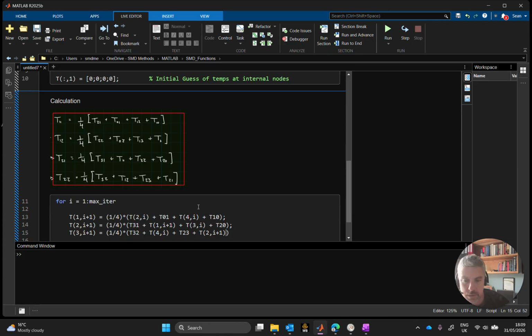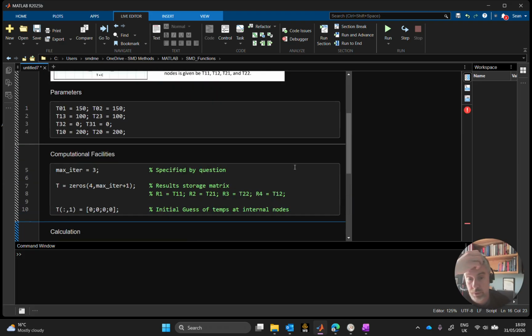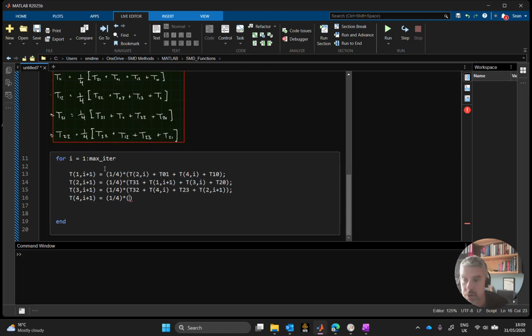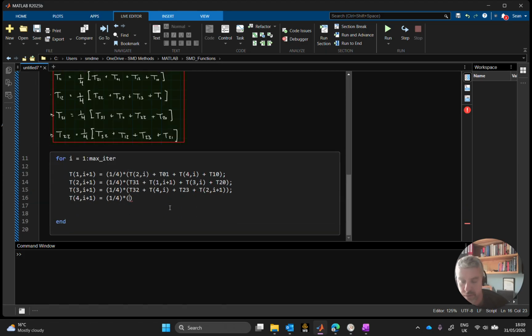Around the quarter, close the bracket. Plus T31. That's it. And then finally, T12 at I plus 1 is going to be equal to 1 over 4 multiplied by, right, so my fourth one here, I'm solving for T12, which is this top one. T22 lives in R3, which I've solved for.